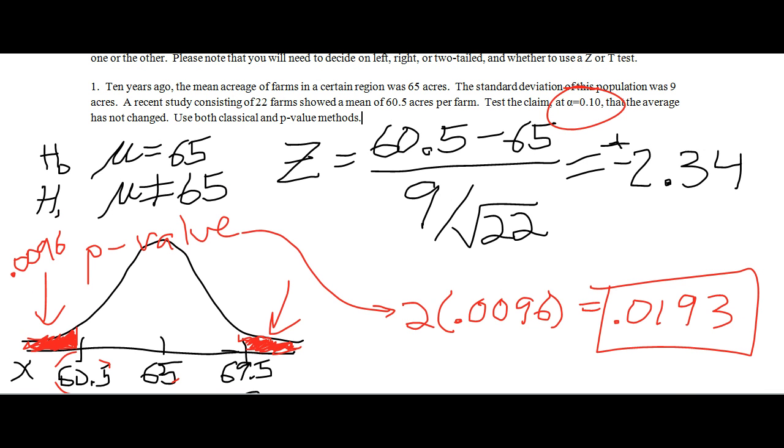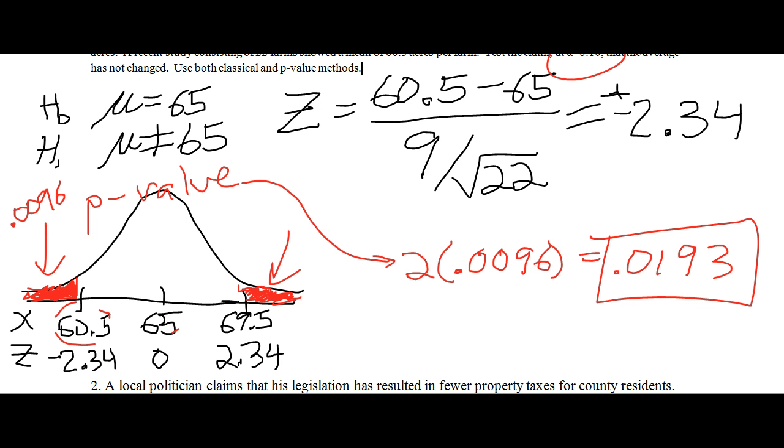So, probability of type 1 error, I'm going to say, okay, well, 0.0193, that is less than alpha. Therefore, in conclusion, we reject H0.